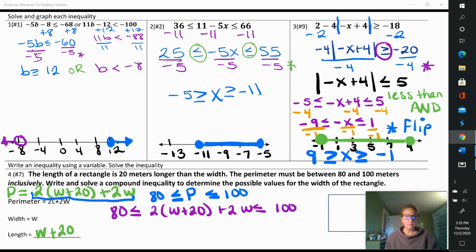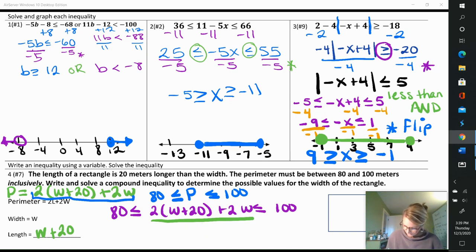Now, because we're multiplying the expression of w plus 20 by 2 and w by 2, we can start by dividing all three parts by 2. That might save you a few steps instead of distributing by 2 and then combining like terms. Not by w, by 2.